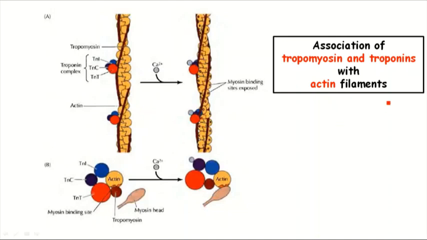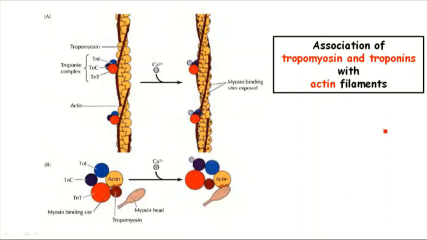And what is sarcoplasmic reticulum? It is the endoplasmic reticulum of the muscle cell. In a normal cell, we have endoplasmic reticulum. In the muscle cell, we have sarcoplasmic reticulum, which is a storage of calcium ions.